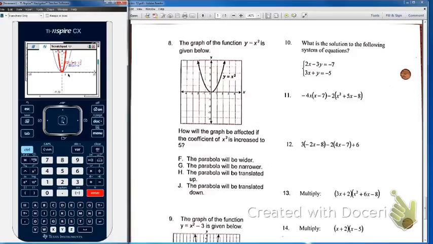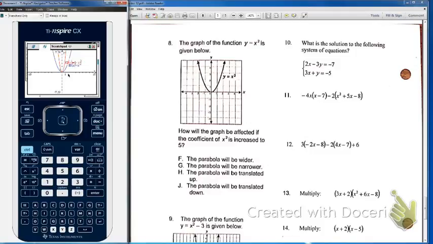The parabola will be wider, narrower, it'll translate up, or it'll translate down. Narrower. Okay, I have to say that slow. Okay, there you go. So it'll be skinnier, okay? The bigger the number, the smaller the graph. The smaller the number, the wider the graph. You got to think different.